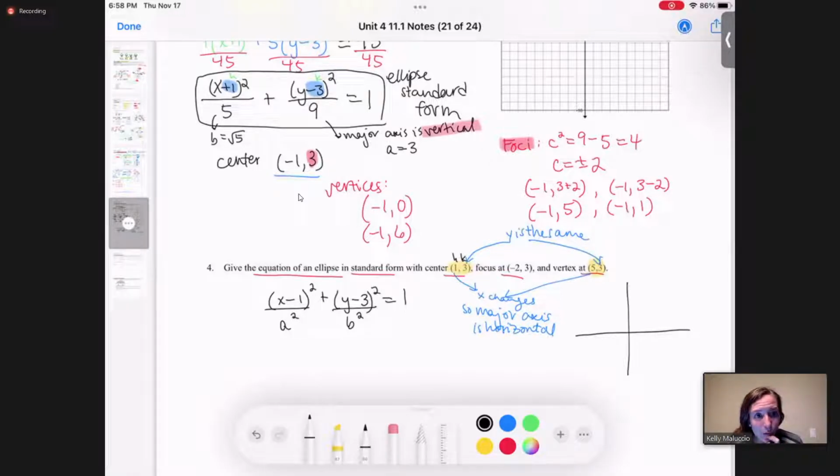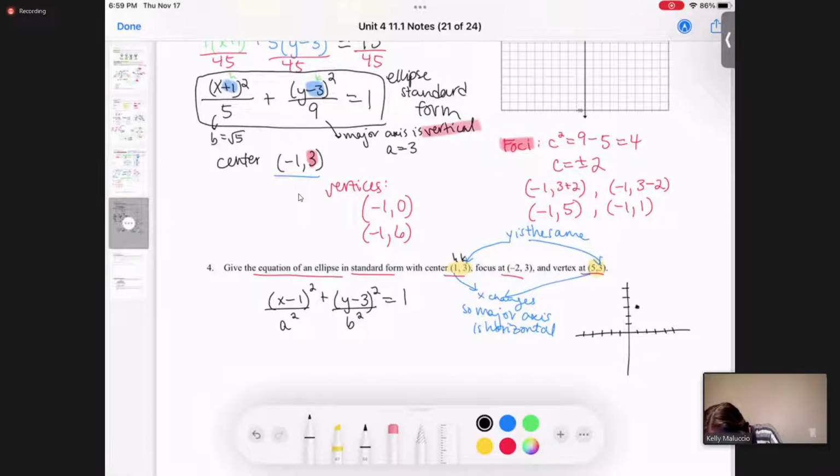Here we want to figure out what a and b are. That's the first thing we're going to do. We can figure out a by looking at the graph. I'm going to graph some of these. So (1, 3) is my center, and then my vertex is at (5, 3).